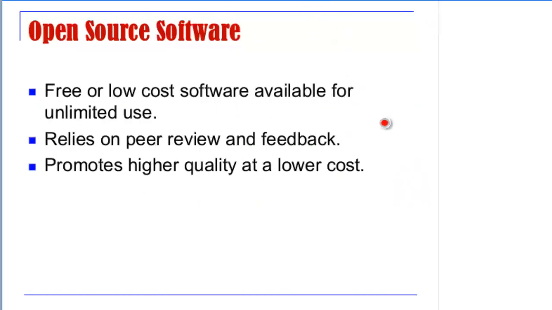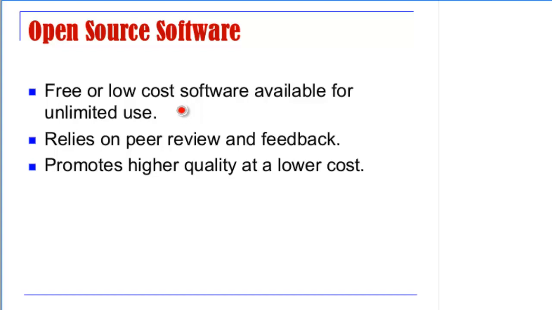Okay, let's talk about open source software first, because I think that this is really the one that is closest to what we need. Open source software is free or low-cost software available for unlimited use.